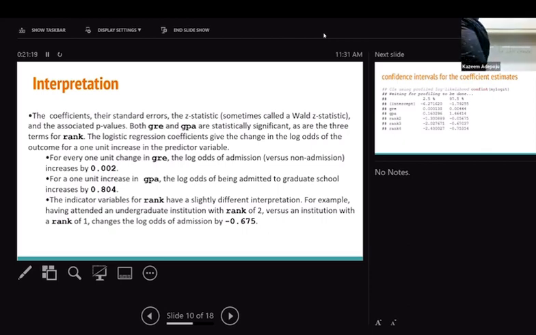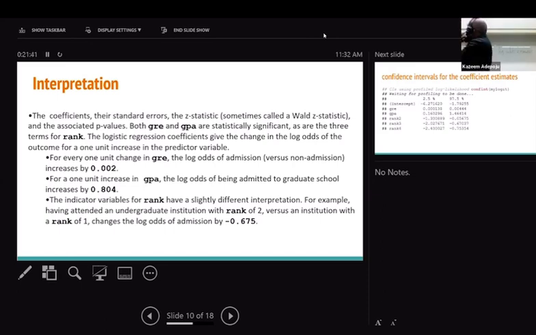For every one unit change or increase in GRE, the log odds of admission increases by that. You're always going to say log odds. You don't say admission increases, it's log odds, because the estimates in the regression output are log odds estimates.